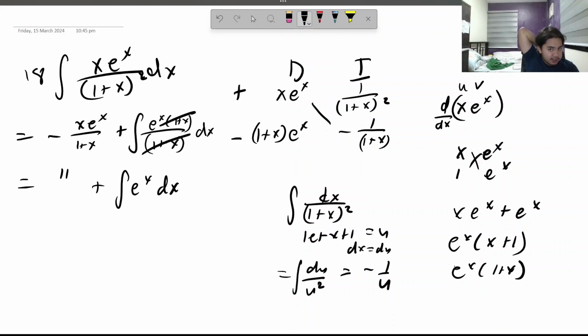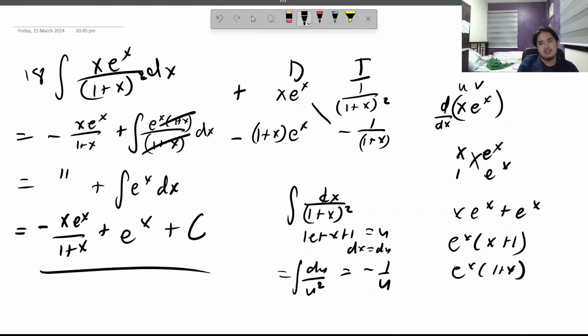Oh my god, I think I know what that is. Rewrite. Plus e to the x. Let's see. That's the integral, right? By smartly using the DI method to our own advantage, we were able to make it easier for us.